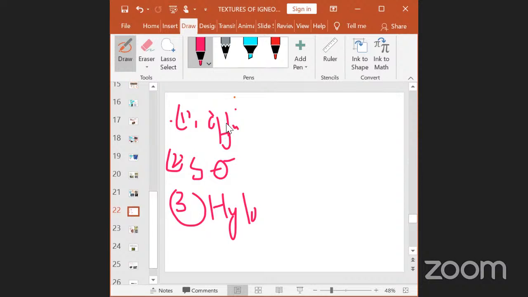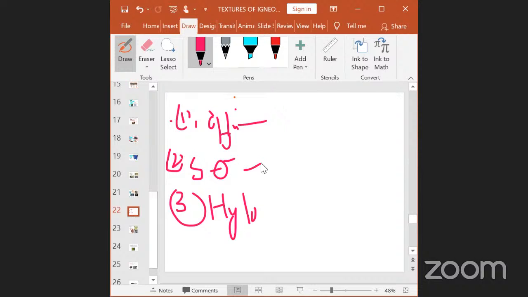These three types of textures you see in poikilitic texture. The ophitic texture is the most common texture found in fine to medium grained mafic rocks like dolerite and basalts. Under the microscope it shows augite enclosing smaller plagioclase feldspar.